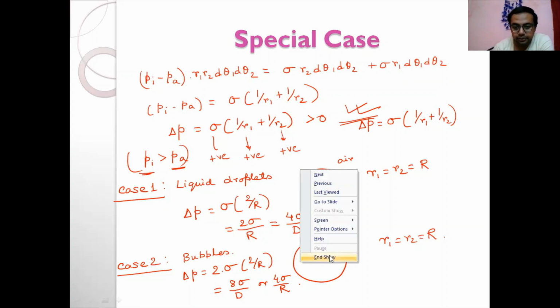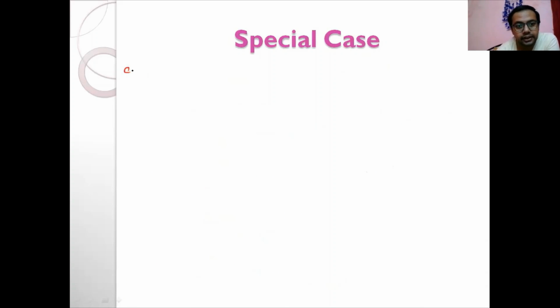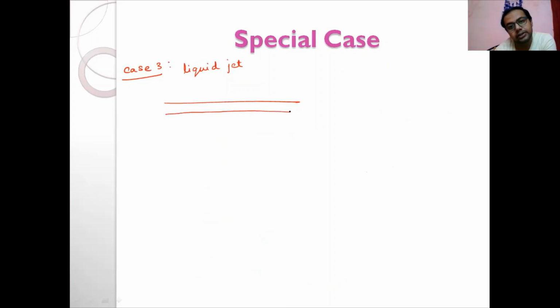And the last case we are talking about here is case 3, the liquid jet. One jet of liquid looks like this, circular in cross section. One jet coming from a nozzle, some water jet.